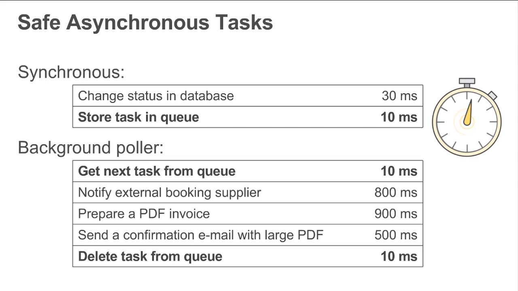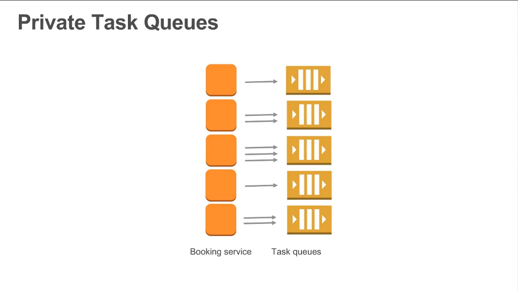So here with the background worker, the question is, okay, how should I configure my background queues for the tasks? So one approach is to have a queue per worker. This is a little bit risky because if a worker goes down, there's no one to process the items from this queue. But it's still a nice option if the asynchronous task that you need to complete needs access to the local resources on that booking service host.